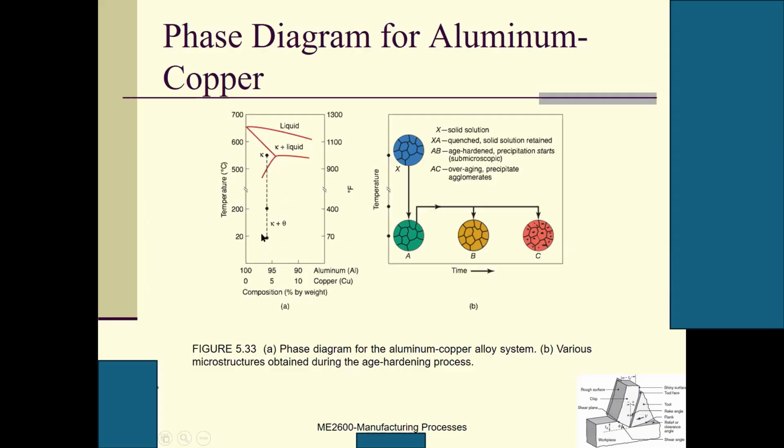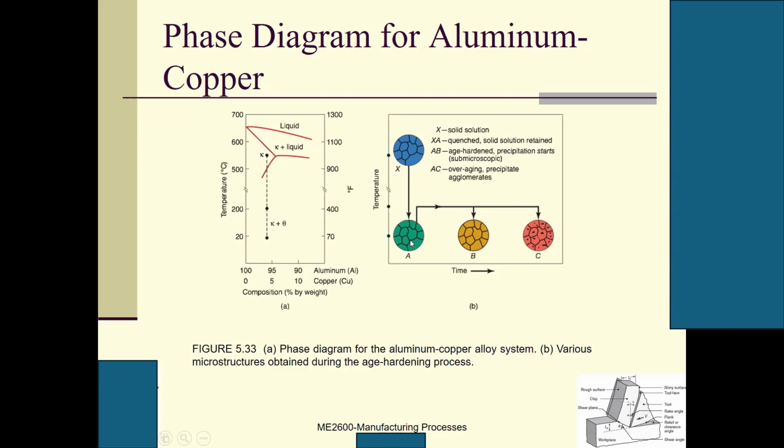For any given concentration, you can draw a vertical line to know how the phase changes as the temperature increases or decreases. So look at here, okay? This X is a solid solution, quenched, and solid solution retained.